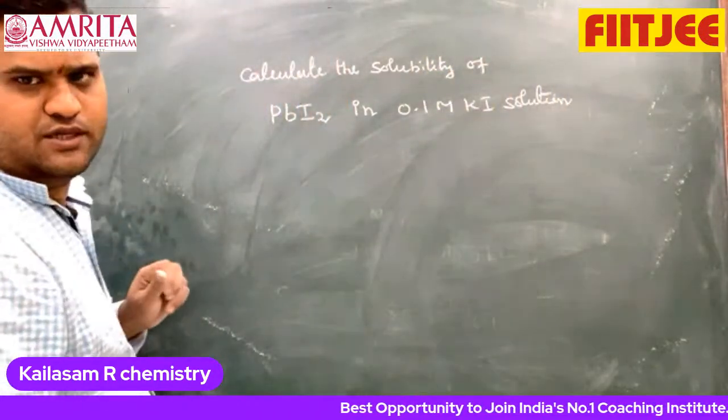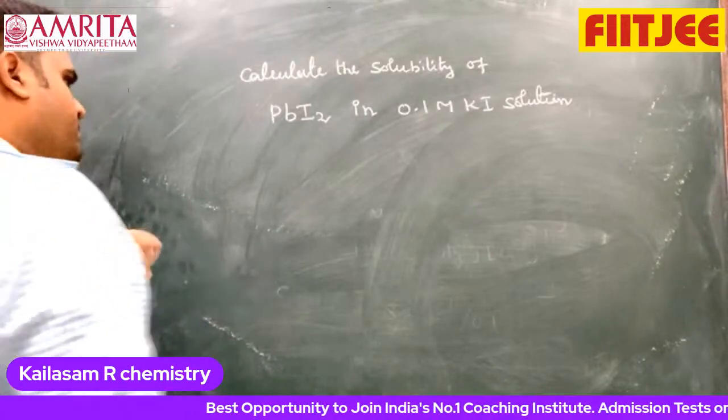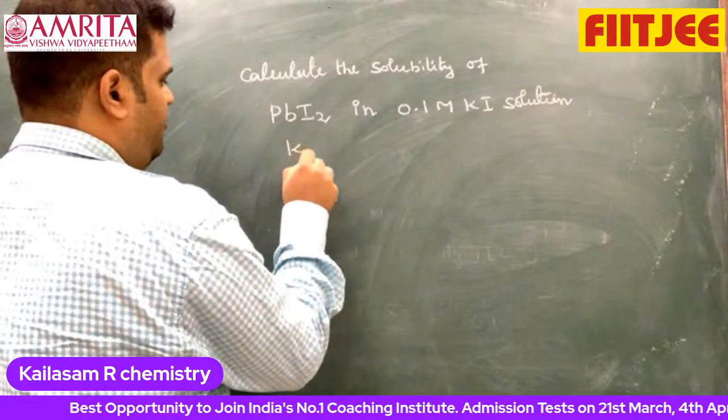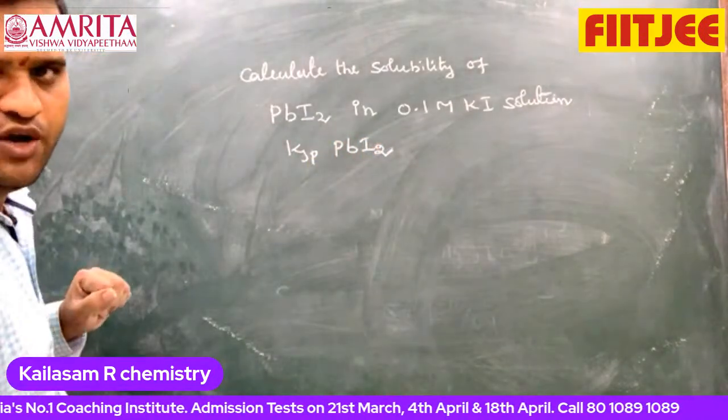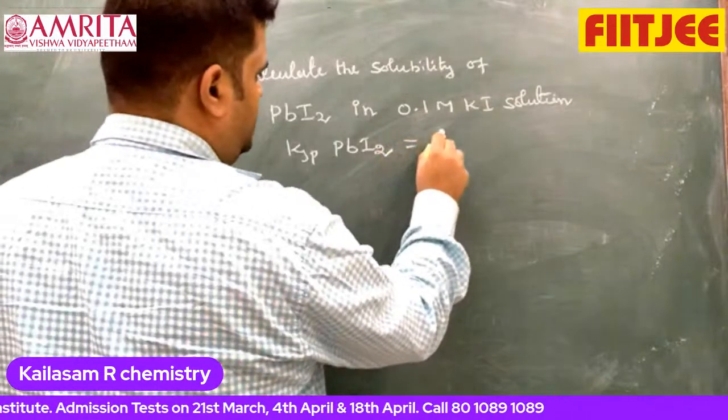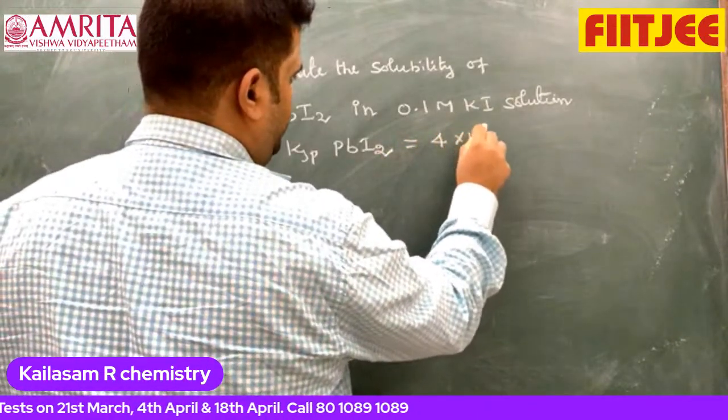Now, Ksp of PbI2 is 4 into 10 power minus 10.